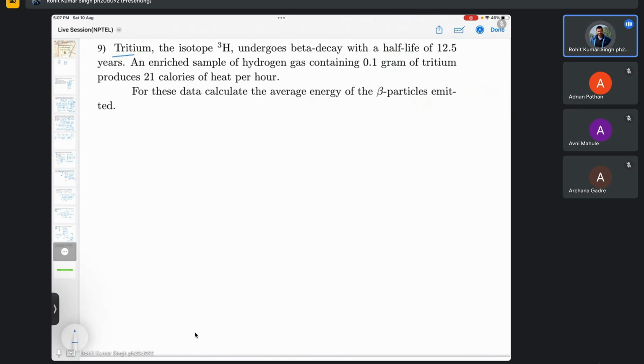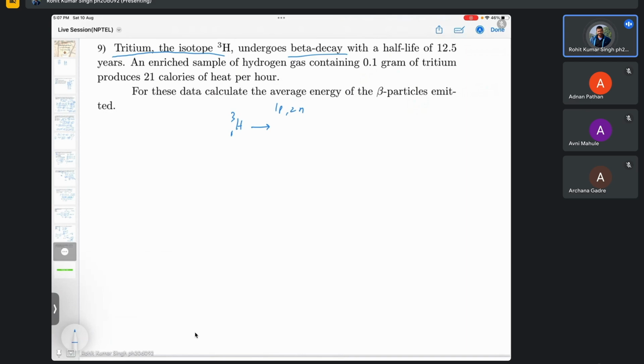So tritium, the isotope, 3 hydrogen. In tritium we have 1 proton and 2 neutrons, you know that. And then it undergoes a beta decay. It doesn't matter if you have not studied beta decay. It's just a kind of radioactive decay in which an electron or positron gets produced.